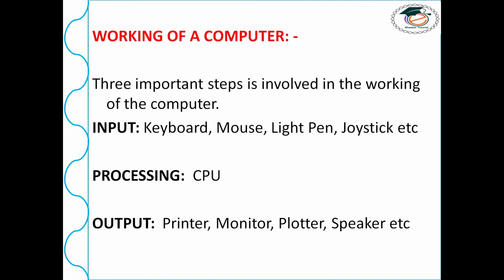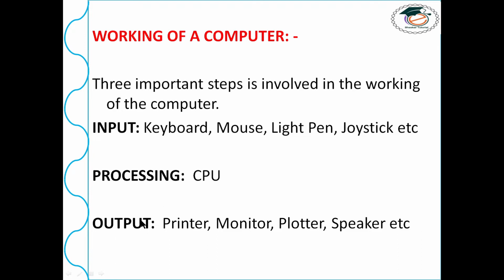At first it will receive it, then the binary language will be transferred back to human language. If we type A, there will be processing inside the CPU with 0 and 1, and it will give us the result A on our screen.